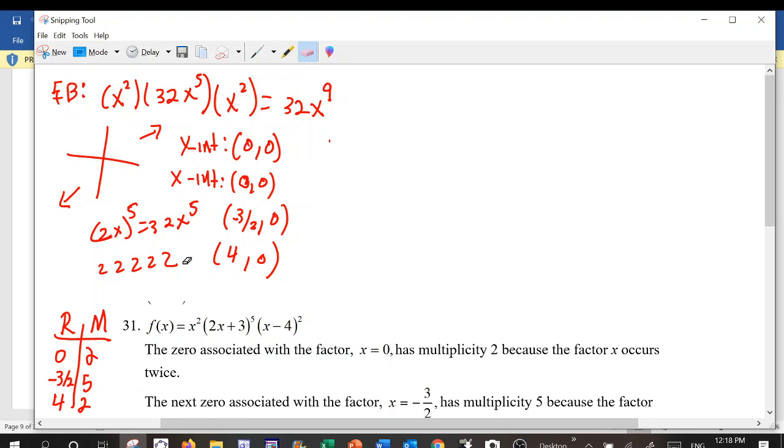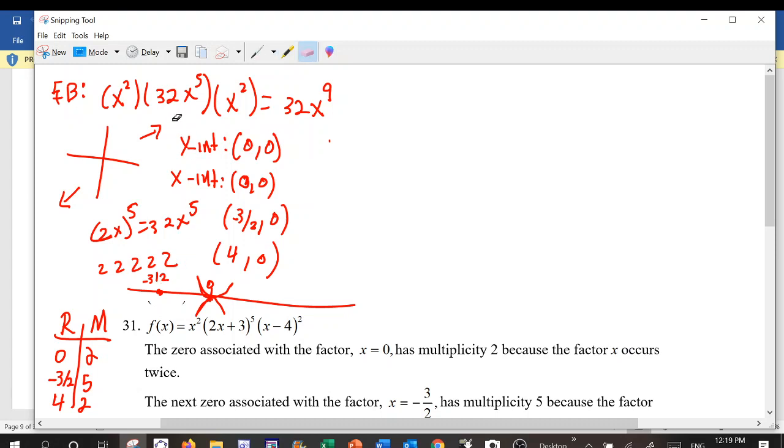Now, also the behavior at 0 is either bouncing this way or that way. We don't know. We're going to figure it out. At negative 3/2, what's going on?